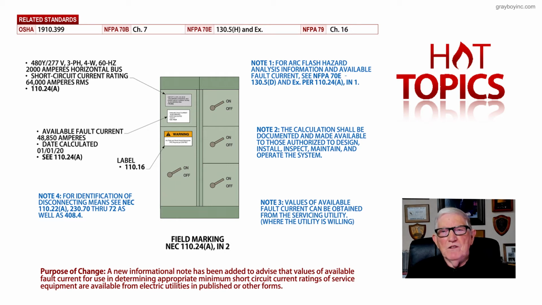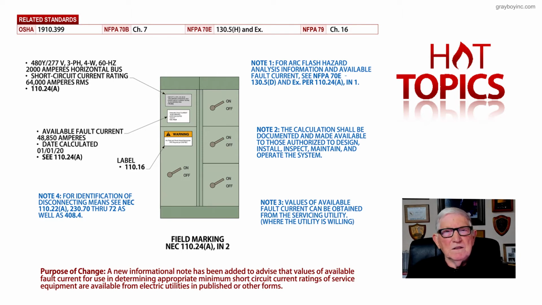But notice there's an exception, which we will review later in 130.5(H). And then Note 2, the calculation shall be documented and made available to those authorized to design, install, maintain, and operate the system. Note 3 just talks about the values of available short circuit current could be obtained from the serving utility where the utility is willing to provide you with such information.